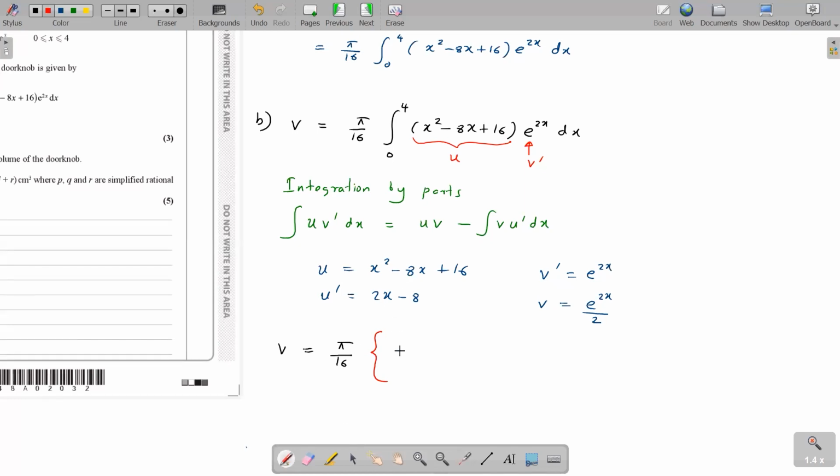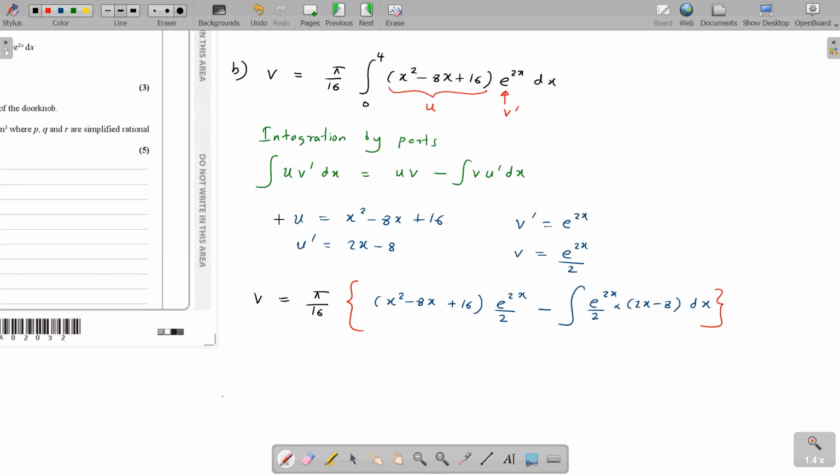So let's input the values. u is x square minus 8x plus 16. u into v is e to the power 2x over 2. uv minus integration, v is e to the power 2x over 2 into u dash, which is 2x minus 8, with respect to x, and then close the curly bracket.